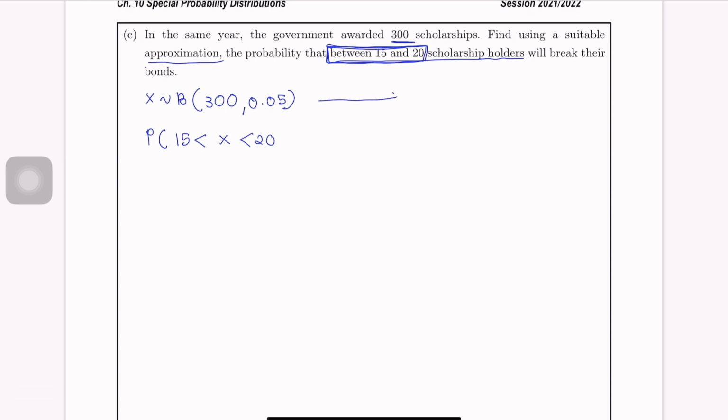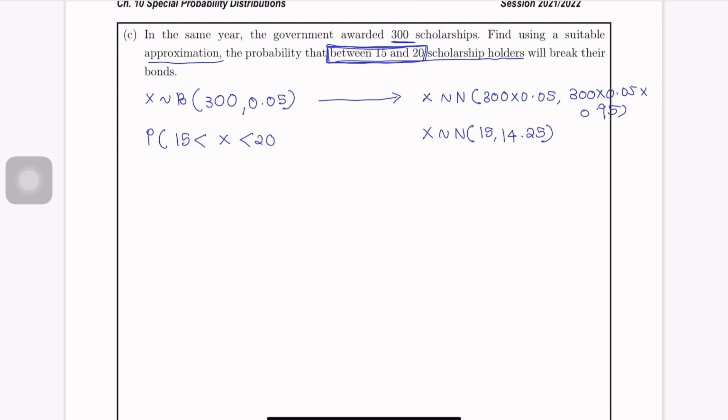We change it to normal with np, so 300 times 0.05, and npq, 300 times 0.05 times 0.95. So x is normally distributed with mean 15 and variance 14.25.